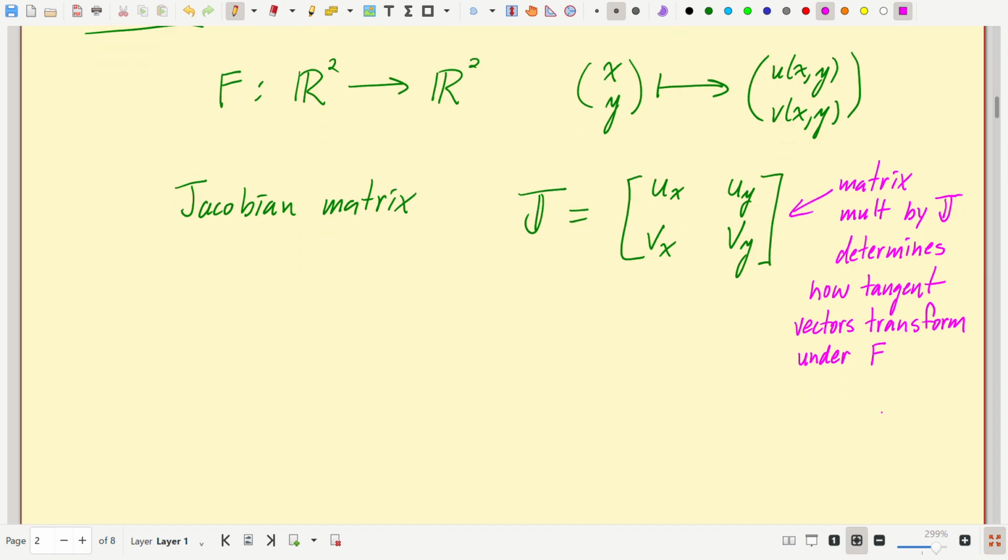And so here's the almost part. In order to figure out what we need, we need to assume that the U and the V are C1 smooth, and the Jacobian matrix has a non-zero determinant.